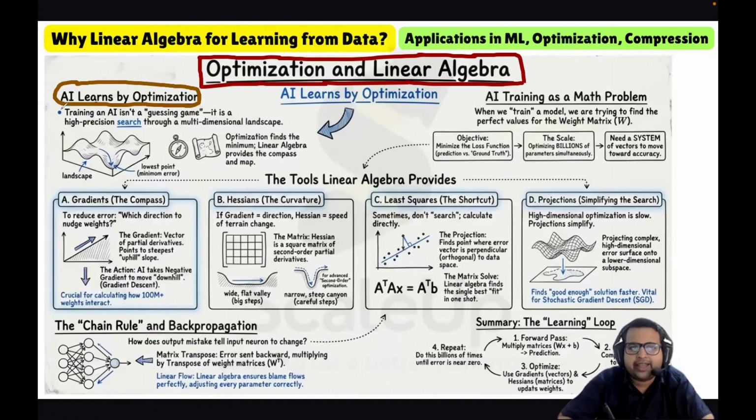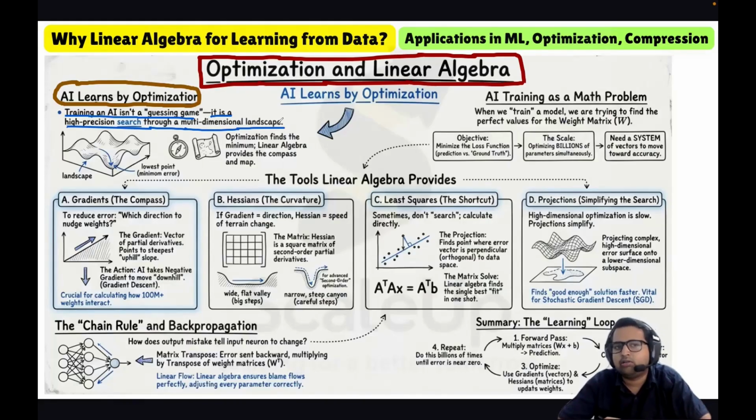Training an AI model isn't a guessing game. It is a high precision search through a multi-dimensional landscape. Basically, in artificial intelligence, when we are training a model, we are finding the most optimal values for the parameters. If we find those values, we will be able to minimize the loss.